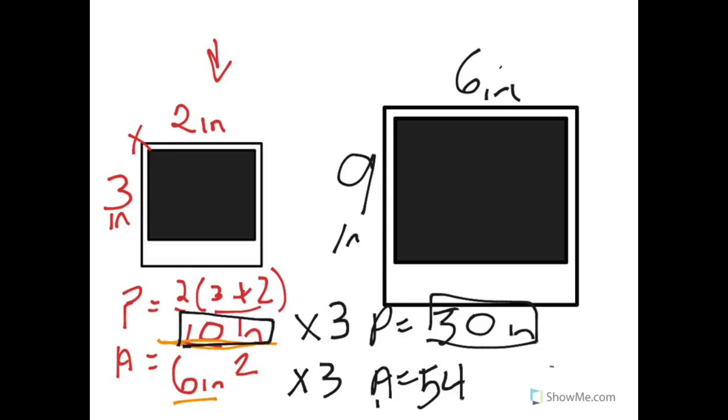But it actually is, you take the same thing that you did up here and square it. So 6 for our area times 3 squared gives us 54, because we know 3 squared is 9. So when you're changing dimensions, whatever you change your perimeter by, you do the same thing below, but you make sure to square it.